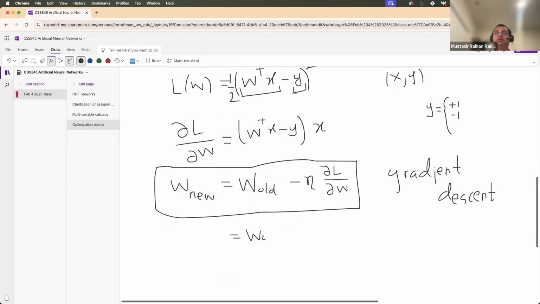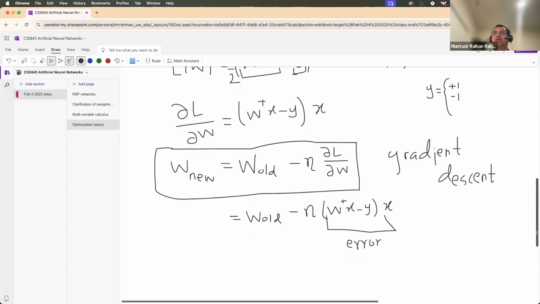So it's W old minus eta times this value times X, right? Now what is this? This is a representation of the error of the perceptron.